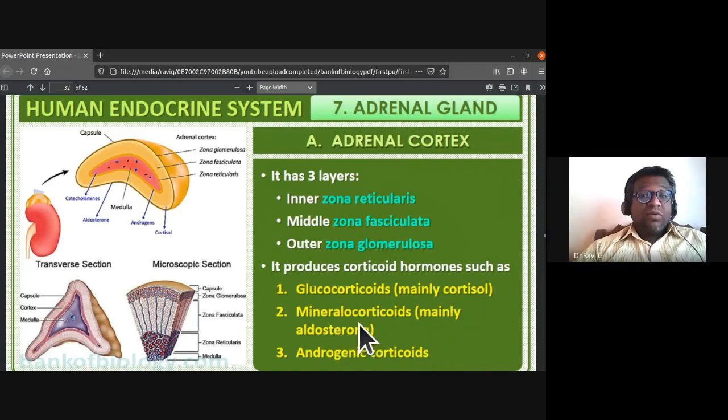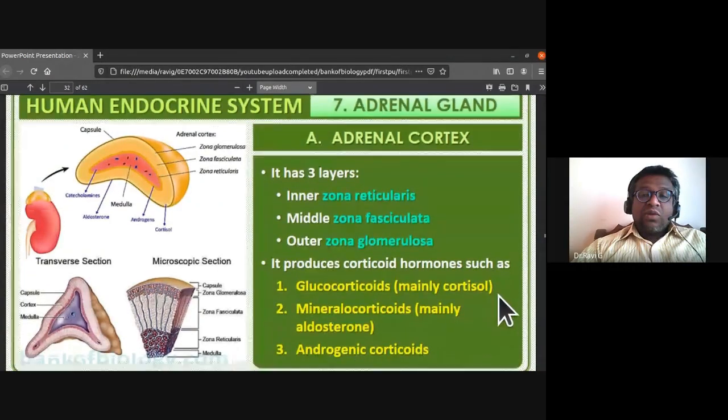For the mineralocorticoid hormone, you can remember aldosterone. For the glucocorticoid hormone, you can remember cortisol. So these are the types of corticoid hormones.